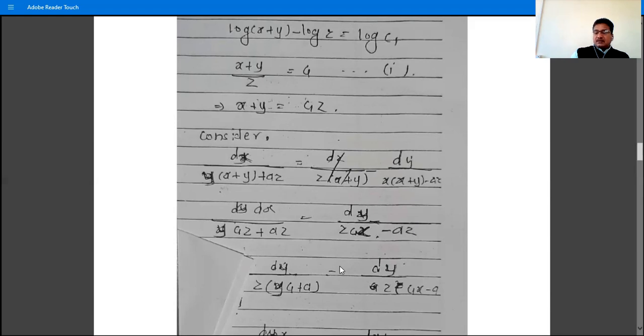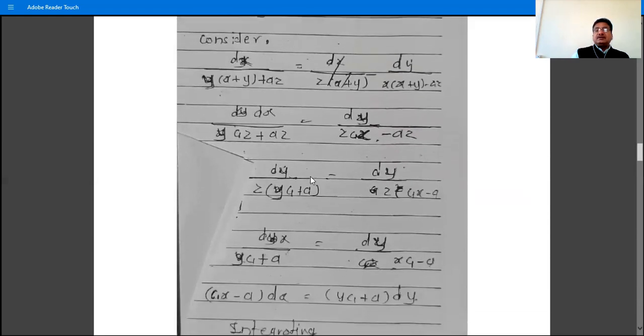And then what happened? We observe that there are only two variables. Then what are they? Dx, dy and dz. So dy and dz.